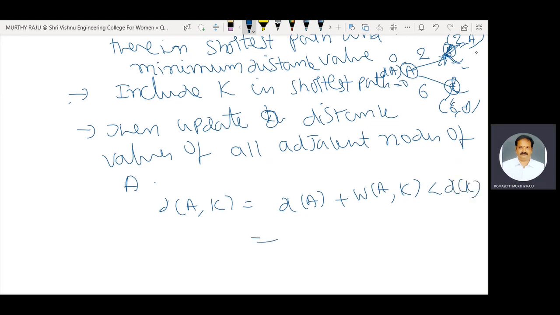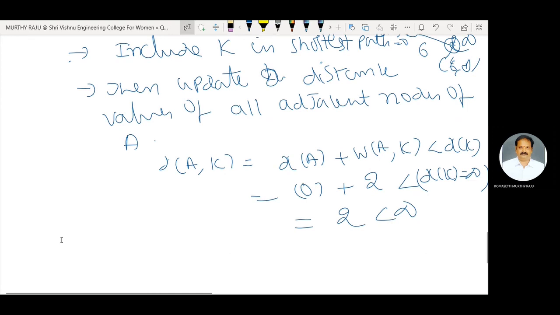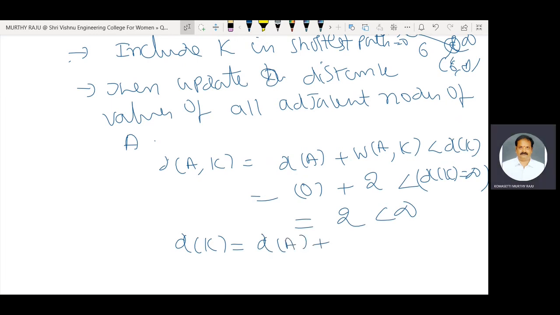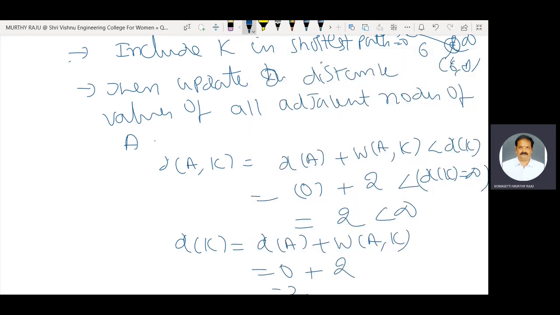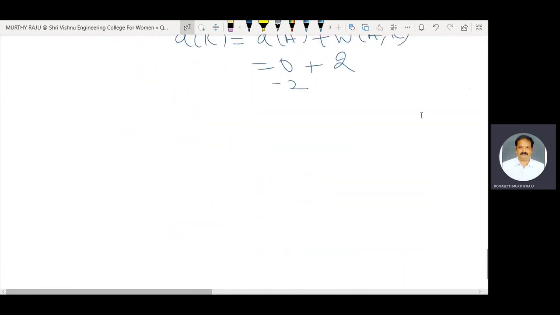Initially the distance of these two nodes K and L is infinity. D of A is 0. Weight of A comma K is 2, which is less than D of K, which is infinity. Therefore D of K is equal to D of A plus weight of A comma K. D of K is 0 plus 2, therefore D of K is 2. Update the distance values of all adjacent nodes in this fashion. Here K and L are the two adjacent nodes.